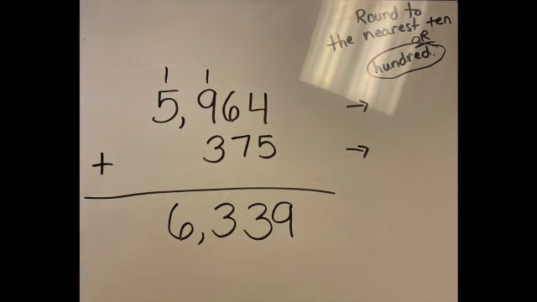So I know that when I'm rounding to the nearest 100, I have to look at my tens place. So in the number 5,964, I have a 6. Remember my little tip from before.